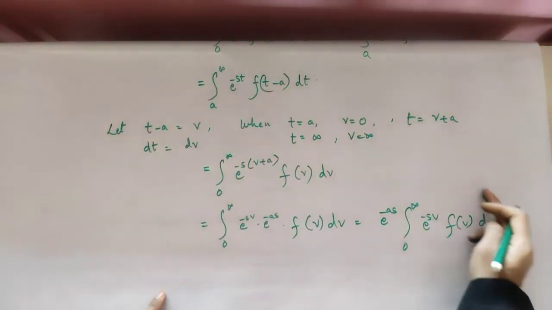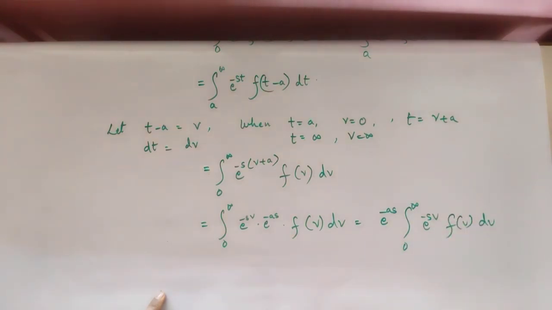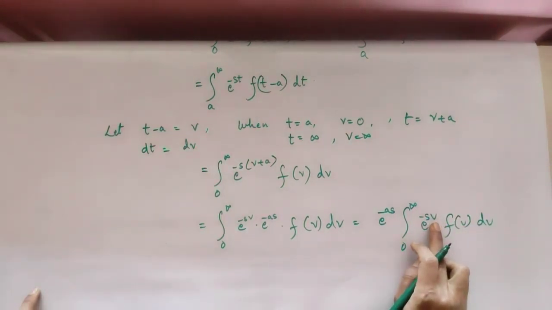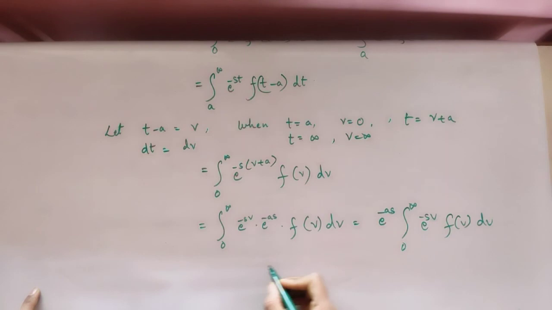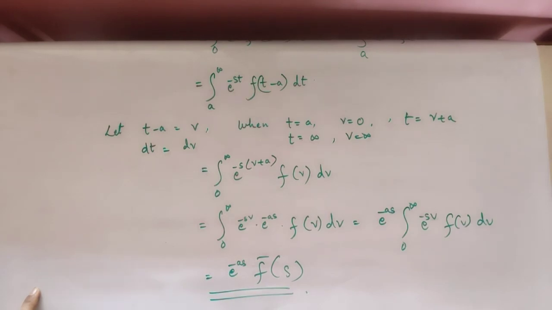Now what is this? Is it not f bar(s)? Only in place of t you have got v. So it is e to the power minus as into f bar(s). This completes the proof of this property, and by using this we'll be working with numerous problems. Continue in my next session. Thank you.